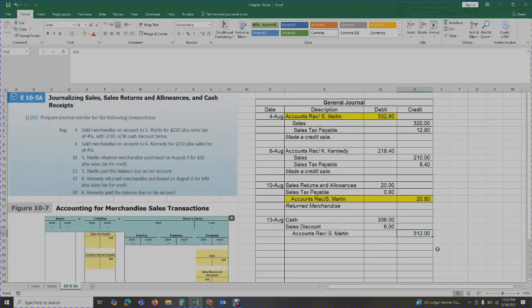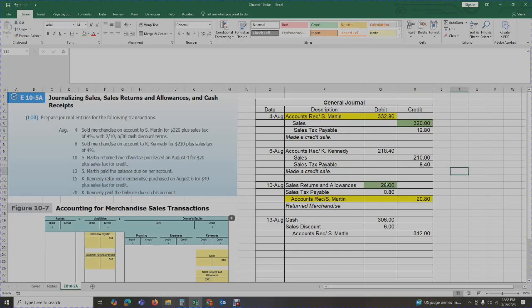So we always have to refer back to the prior transactions. Martin made a purchase, then made a return. Therefore, the discount is calculated on the net of the sales amount, not the receivable. So when you calculate your discount, it's based on the $320 and the $20 return.